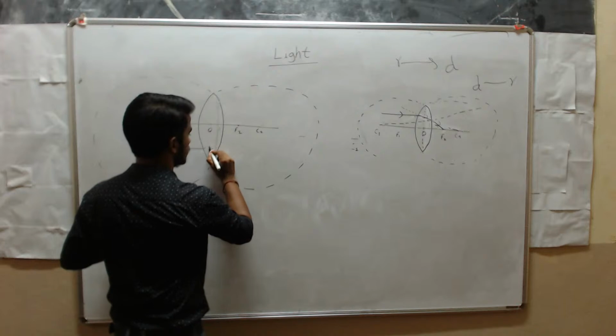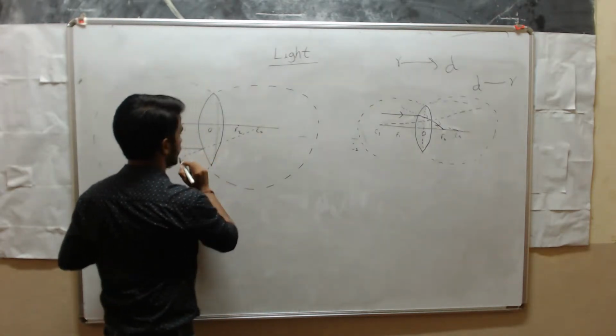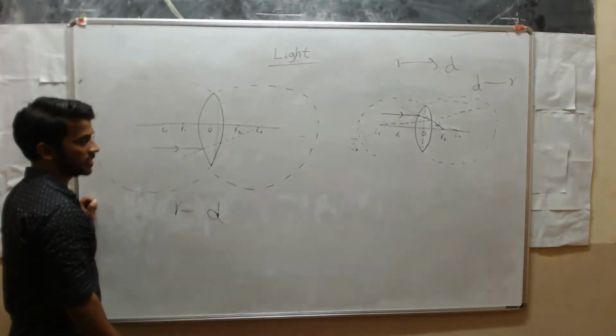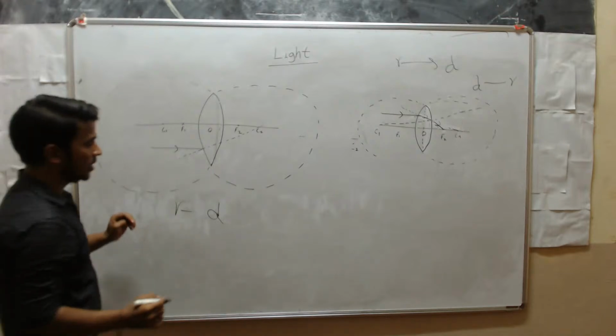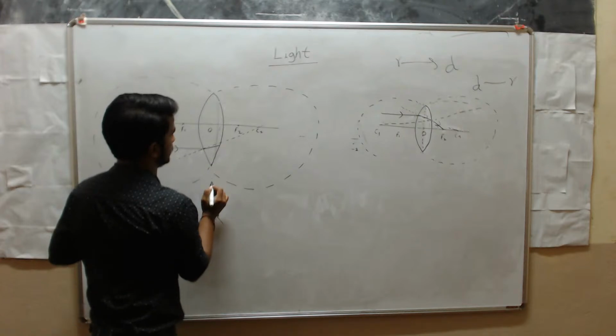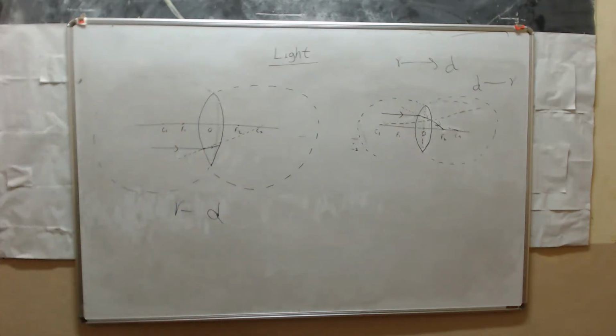Now the ray of light is traveling from rarer medium to denser medium, so that's why it bends towards the normal, like this.